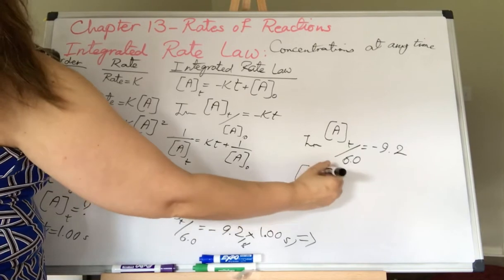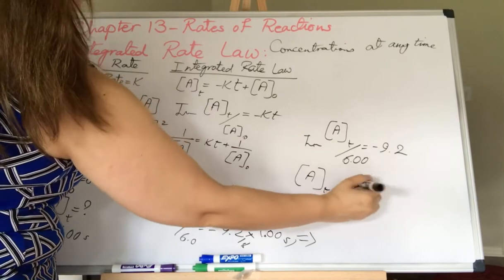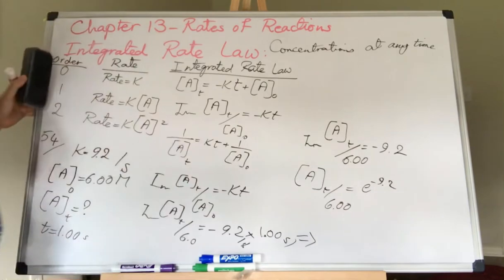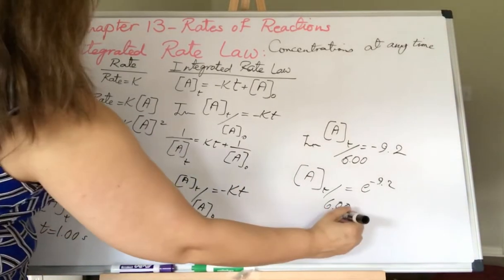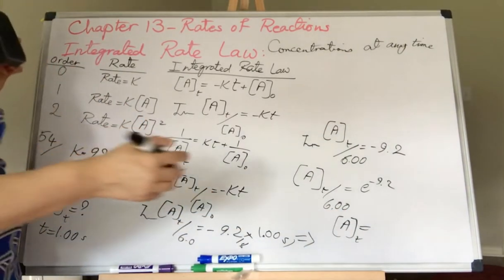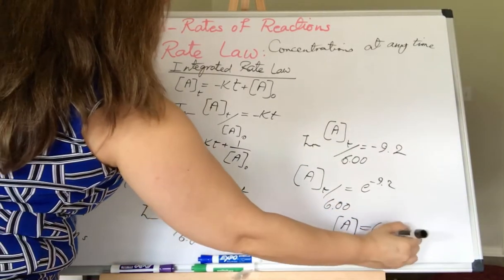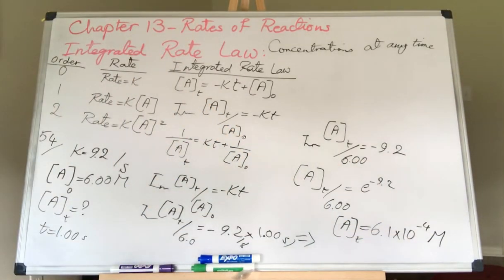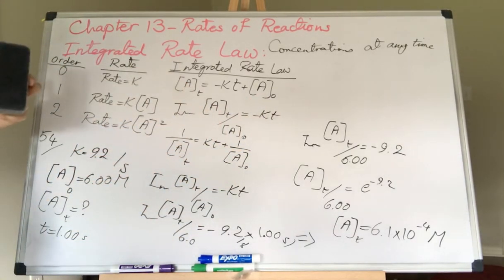So AT over 6 is equal to e to negative 9.2. And at the end, you will find AT is 6.1 times 10 to negative 4 molar. So that's how you apply these equations to your calculations.